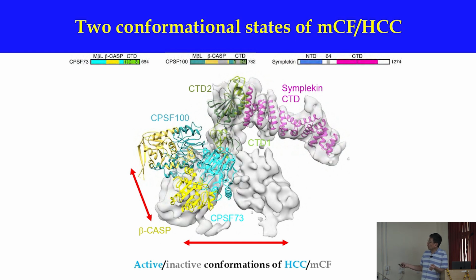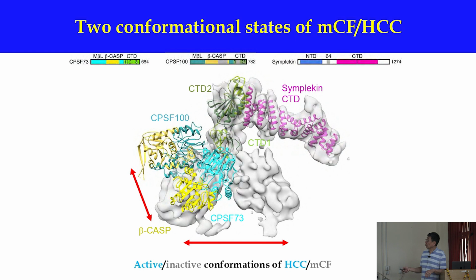And in gray is the EM density envelope displayed by Chimera or whatever. You can sort of see now you have CPSF100 and CPSF73, but they are opened up. They don't talk to each other. So this is the active state, and the opened up state is the inactive state. You can see they're quite different. You can also imagine a movie like this, the difference between the two states.